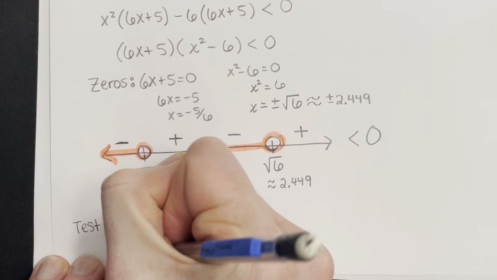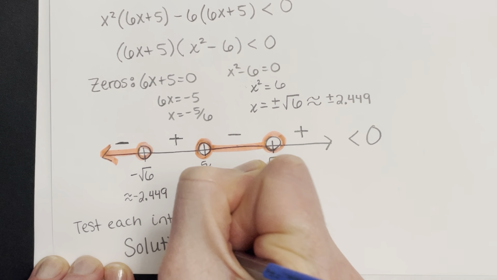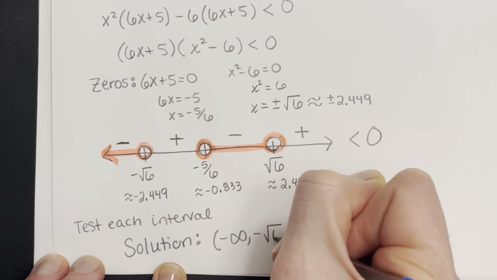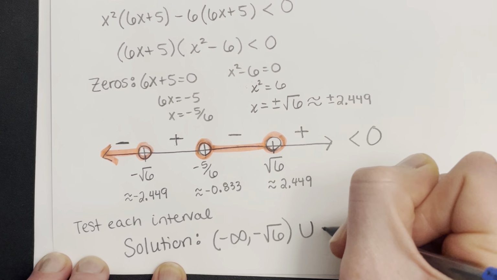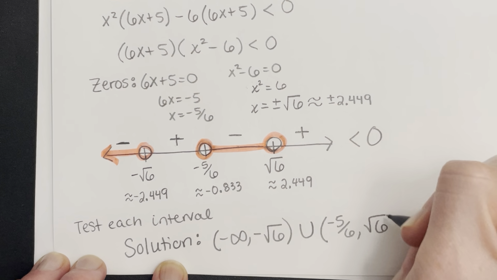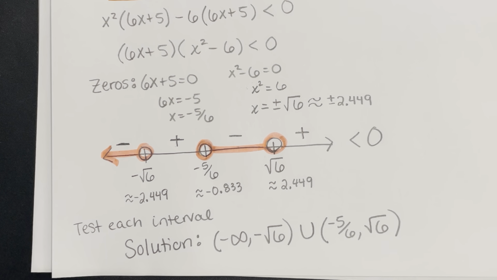So our solution would be from negative infinity to negative square root of 6, union negative 5/6 to square root of 6. All right, and there's our polynomial inequalities.